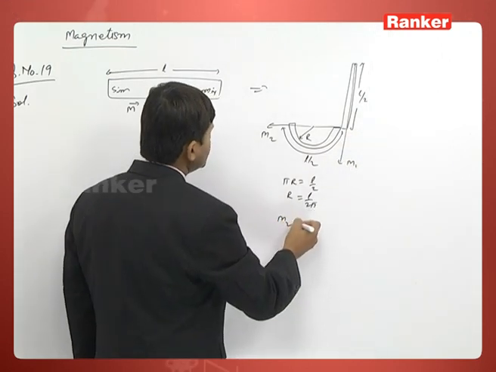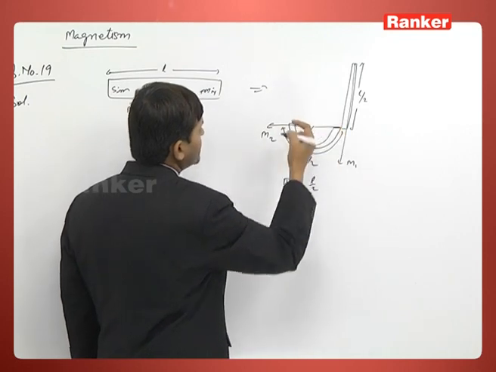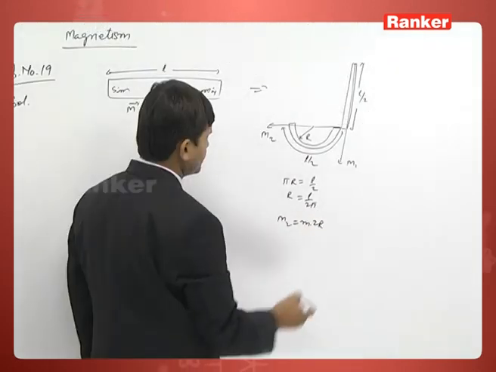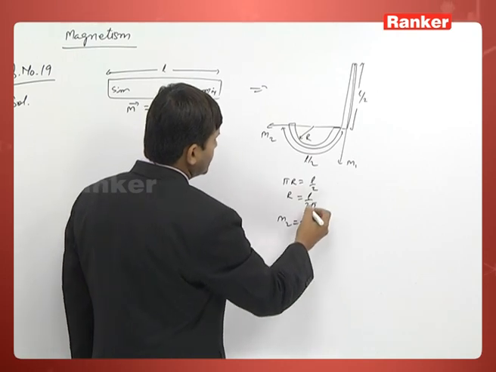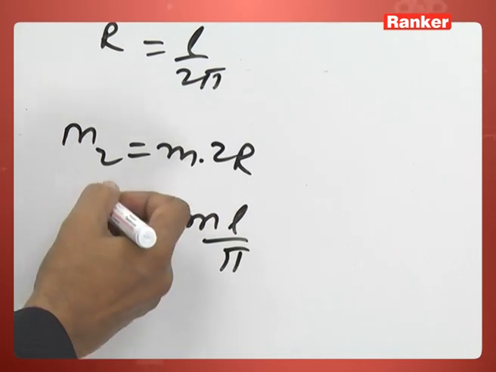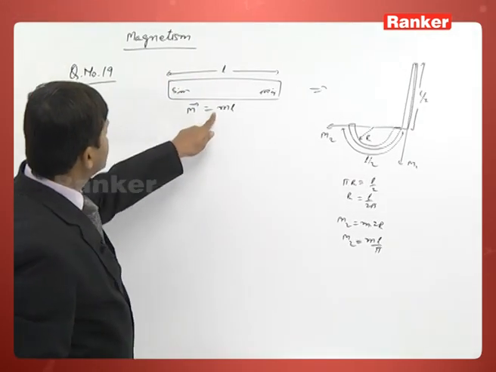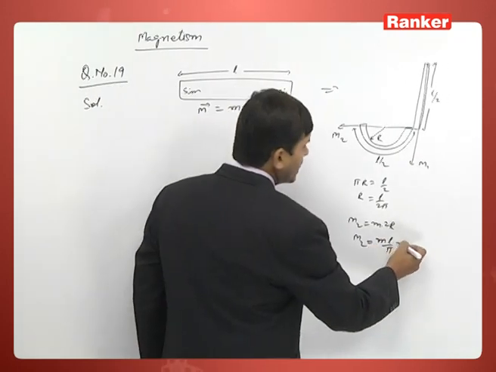So M2 is equal to m into 2R. Distance from here to here is 2R. So this 2R is your m, L by pi. This is M2, and m into L is the initial M. So this is your M by pi.